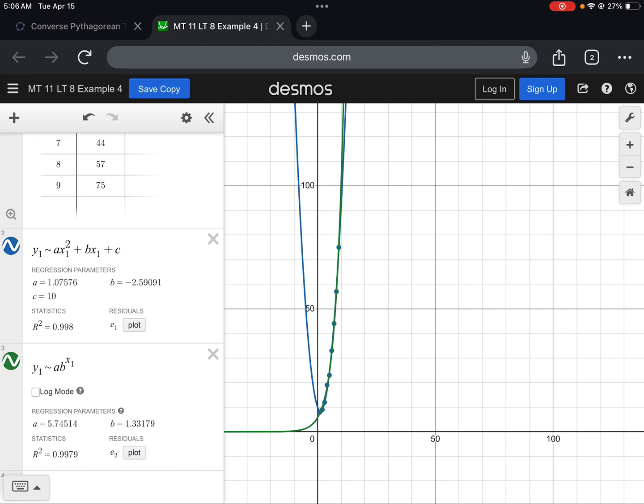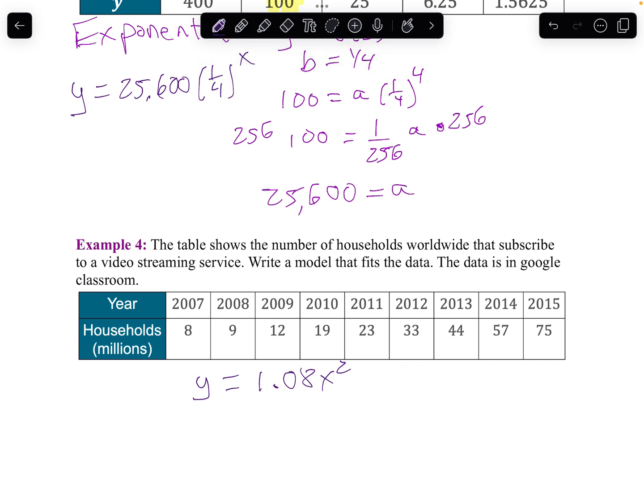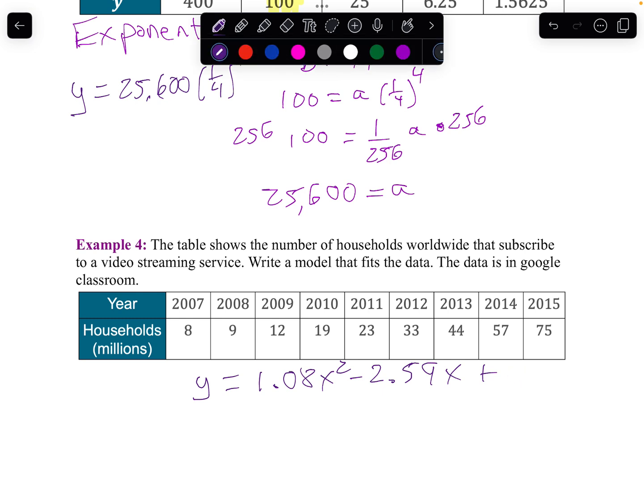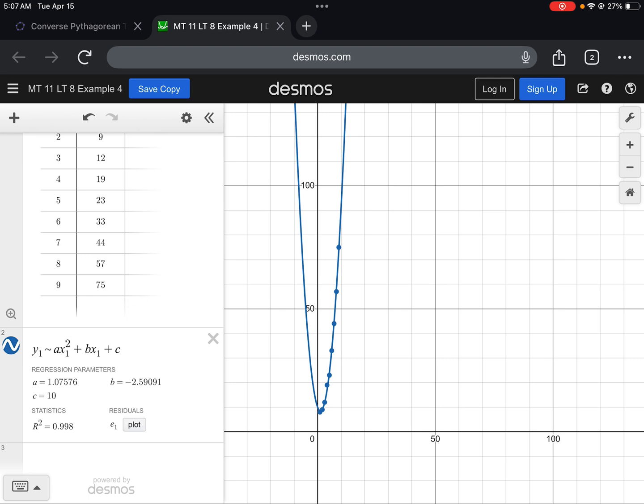Oh, did I look at the wrong one? I looked at the wrong one, didn't I? Minus 2.59x plus 10. I had the minus sign right. Plus 10. Once I determined it was quadratic, probably should have just got rid of the exponential so I'd be less confused.